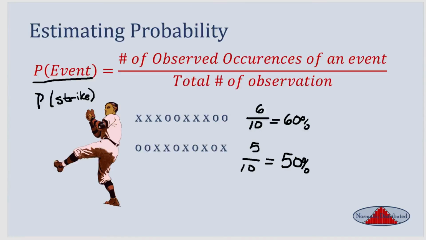So in the case of these pitchers, the top one seems to throw more strikes, and so we'll say that it is more likely that this pitcher throws a strike, whereas the other pitcher has an equal chance of throwing a strike or a ball. And that's a chance experiment and estimating the probability.